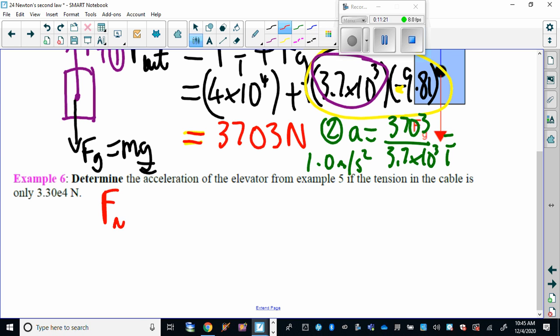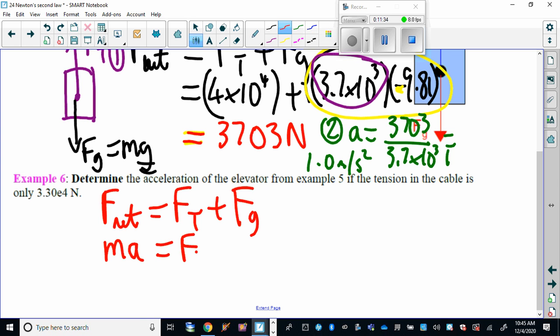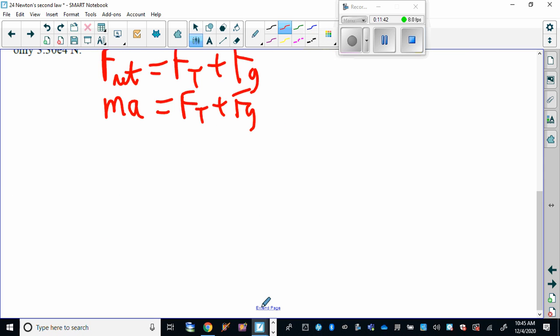You would say that F net equals Ft plus Fg. But then you would change your F net into ma. ma equals Ft plus Fg. And you're solving for acceleration. You divide both sides by m.